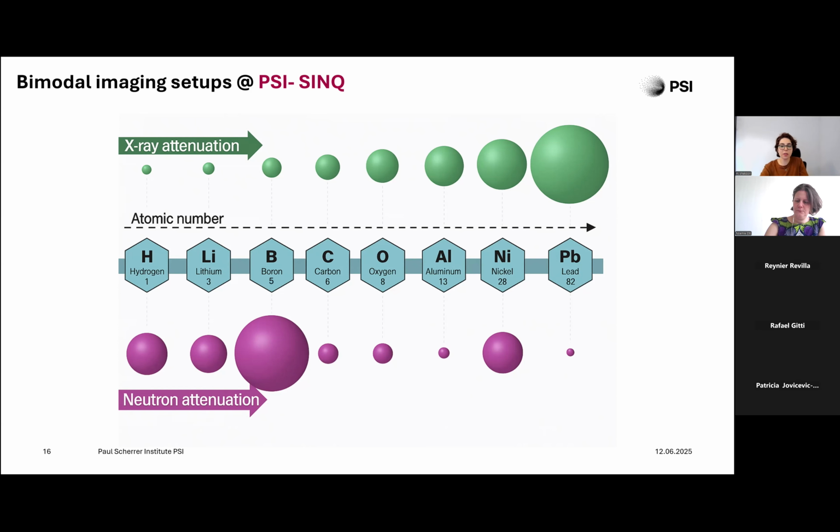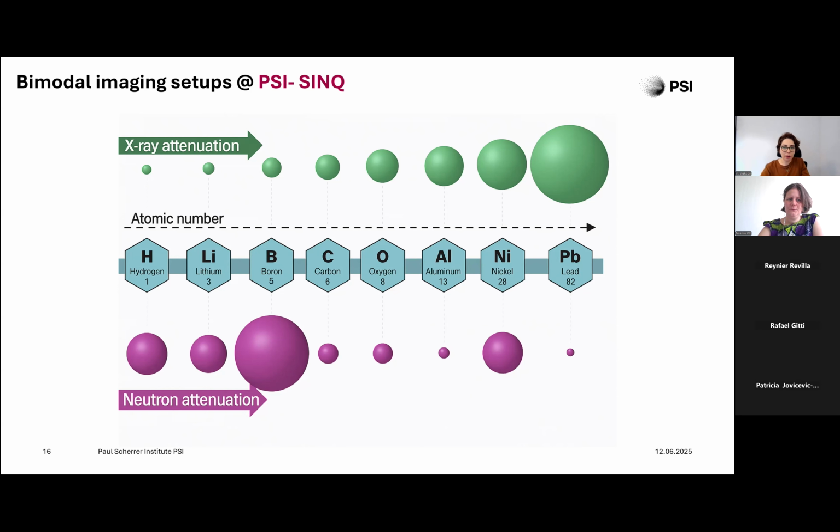So the result is, as you can see, this kind of reversed bubble chart for the neutron attenuation. This highlights again why combining both beams reveals a fuller picture, with complementary information about the materials.